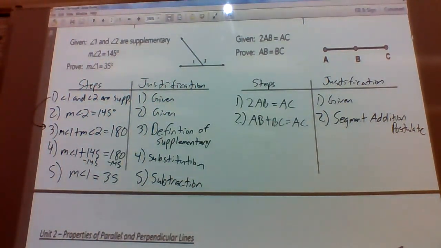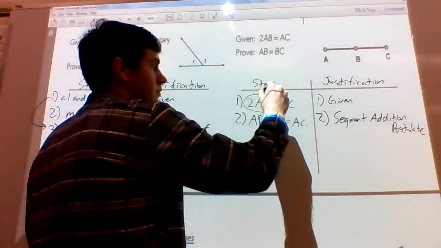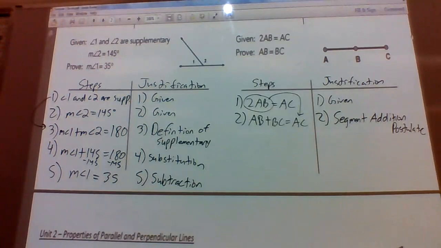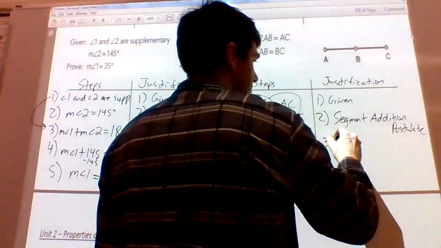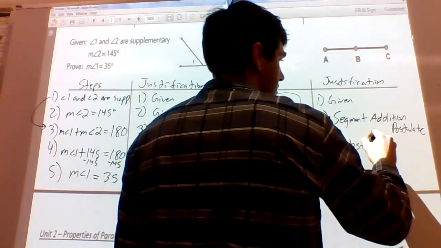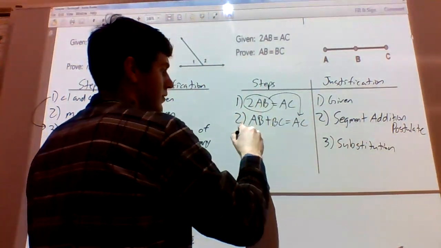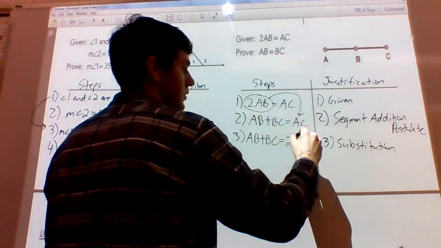Well, what do we know AC equals? Well, we know AC equals 2AB, 2 times the distance between A and B. So we can use substitution and substitute in 2AB. So now we have AB plus BC is going to equal 2AB.